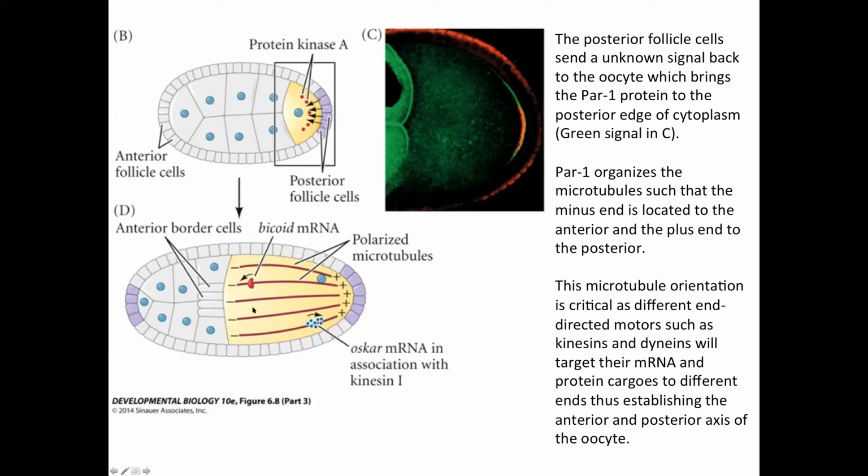So now you can see how the establishment of the microtubules will direct movement in different locations of the developing oocyte. Now, any cargo, so you have the plus-ended motor and you have the minus-ended motor.